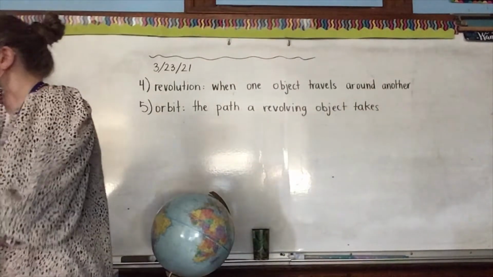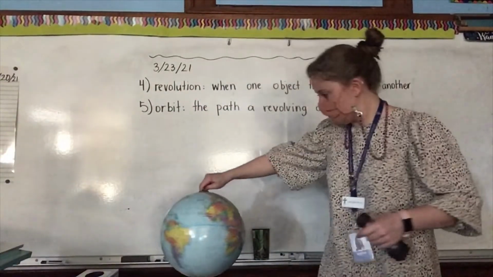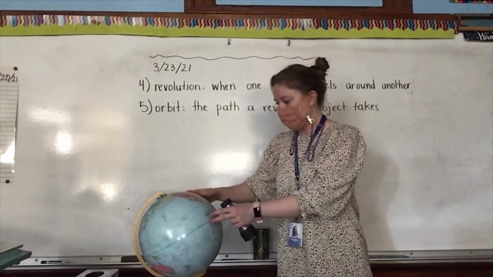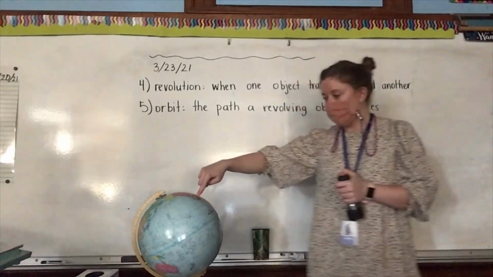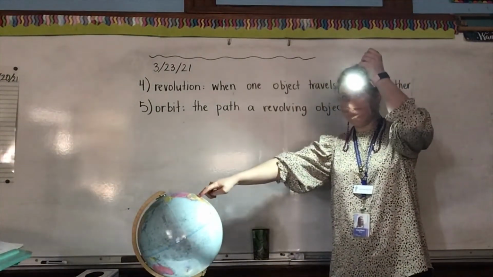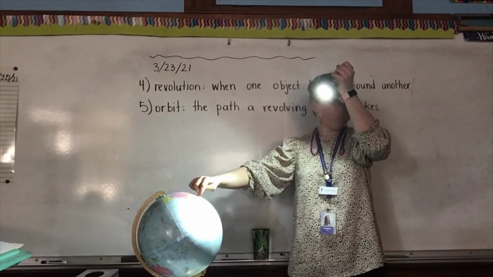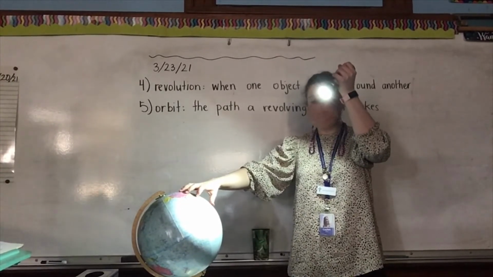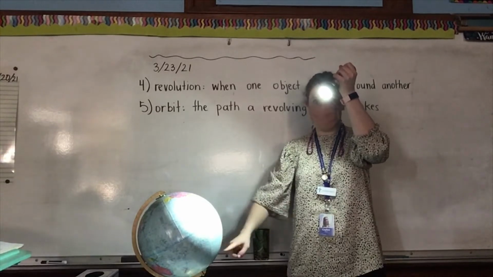So, what Carla just read. In June. Let's see. Here's North America right here, like I'm pointing to it. Here's the sun. North America, in its revolution, is closer to the sun than South America.